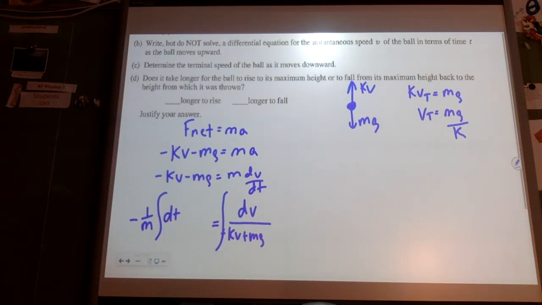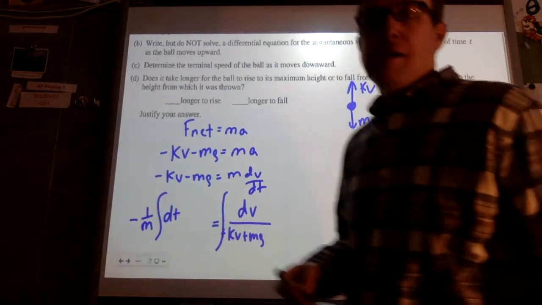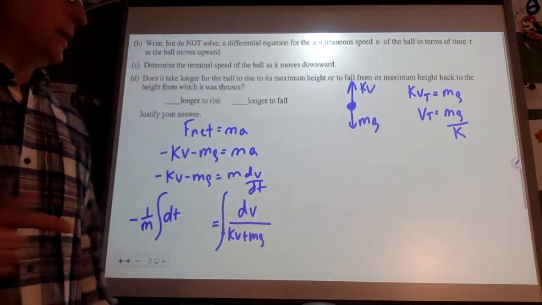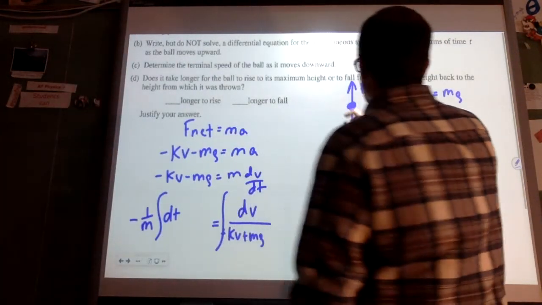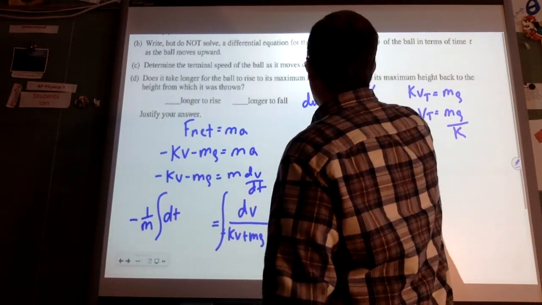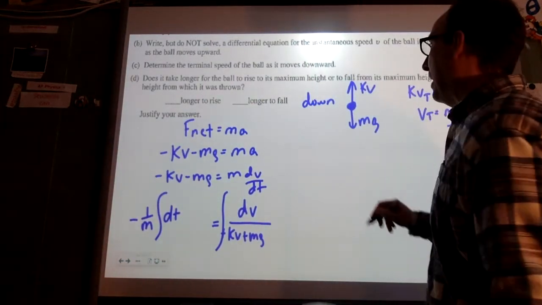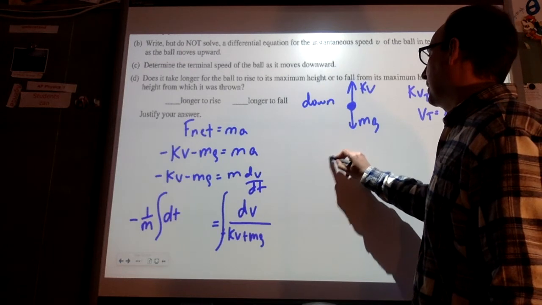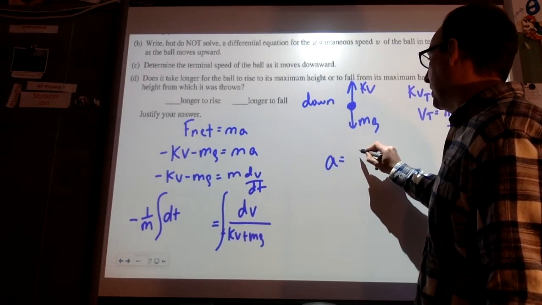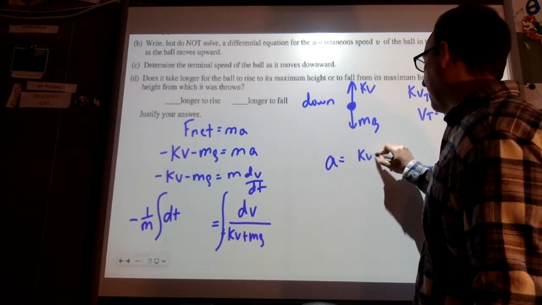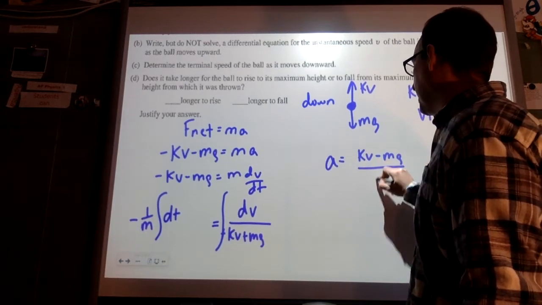Does it take longer for the ball to rise to its maximum height or fall from its maximum height down to the height from which it was thrown? All right, so thinking about this, and this is it coming down. When it is coming down, its acceleration is equal to kv minus mg over m.